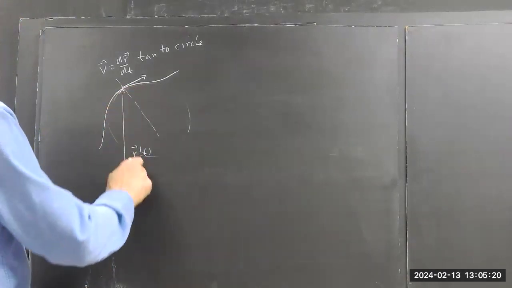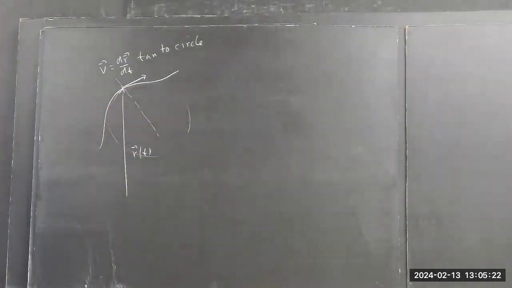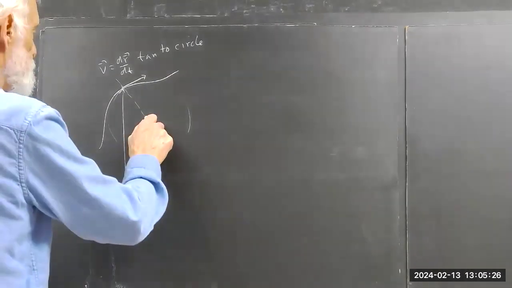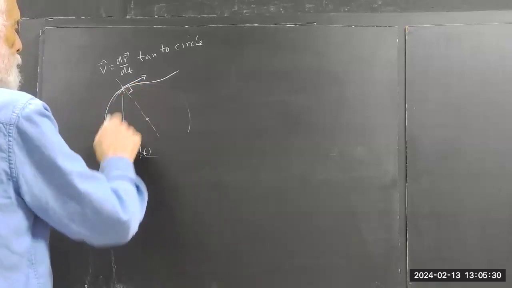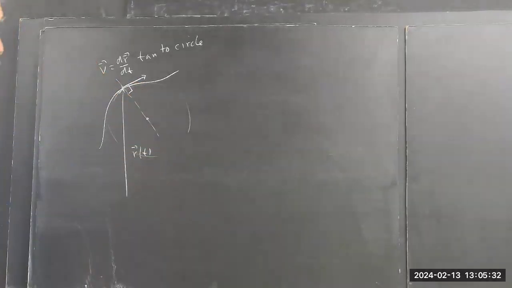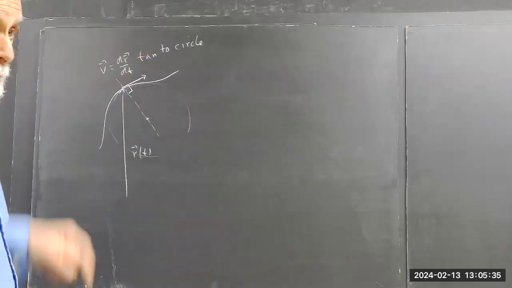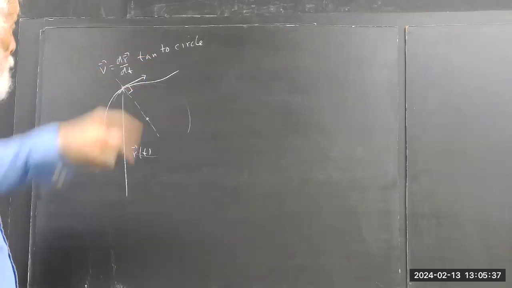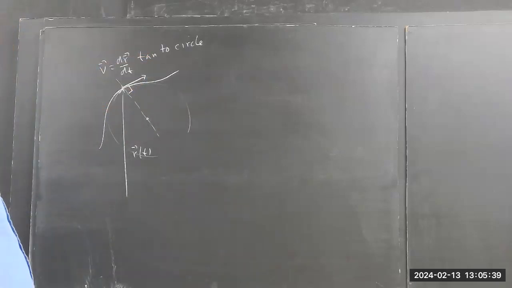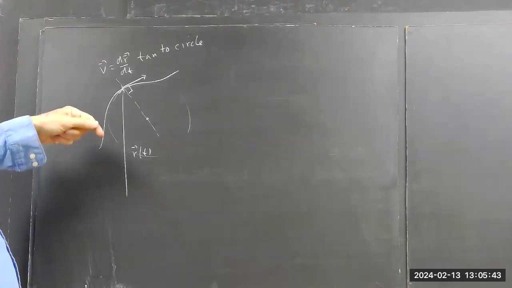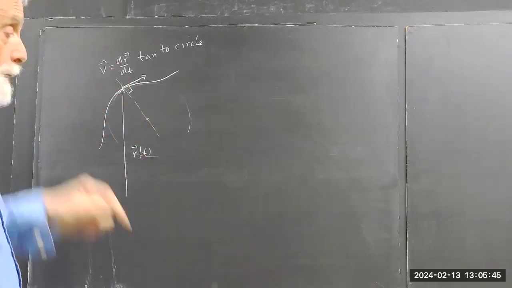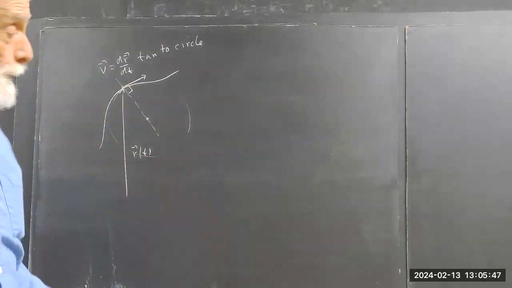I kind of sketched what might be an osculating circle. We're not going to find it, but I take this dotted line perpendicular to the curve, or perpendicular to the tangent vector. The center of the osculating circle will be there, but we're not going to use it.